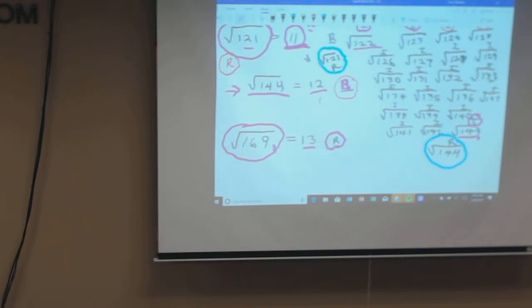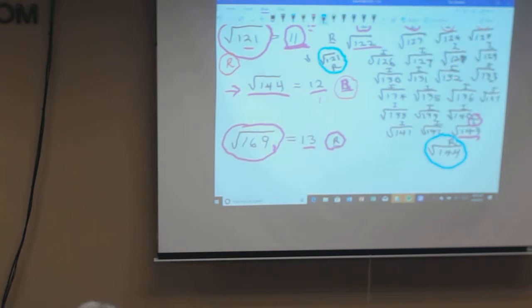So all of these square roots, or radicals, however you want to say it, radical 122, radical 123, radical 124, radical 125, radical 126, radical 127, all of those are, what letter do I have on top of all of those? I for what? Irrational. And if you want to know why, punch in 122 and hit the square root button, and what do you get? 11.045361, and it just keeps going.